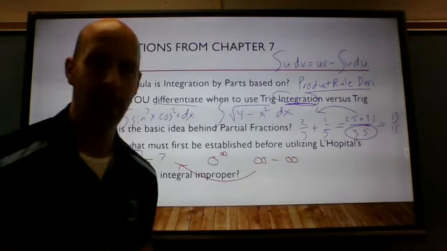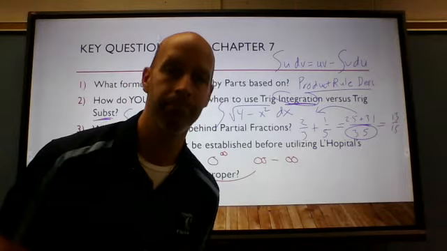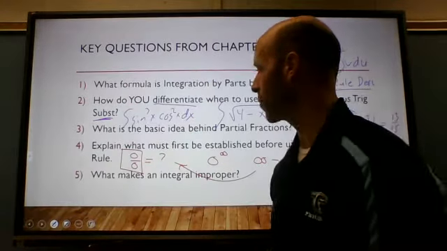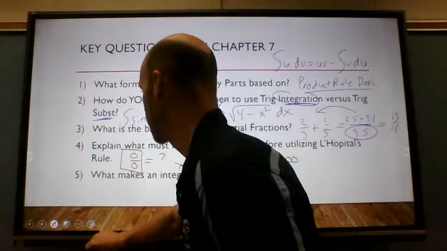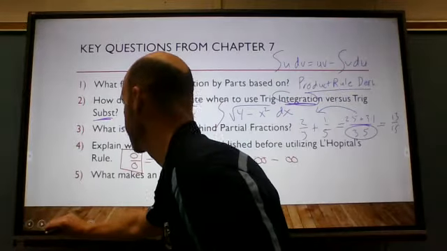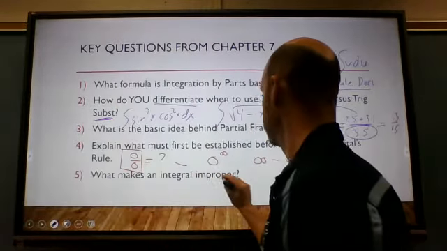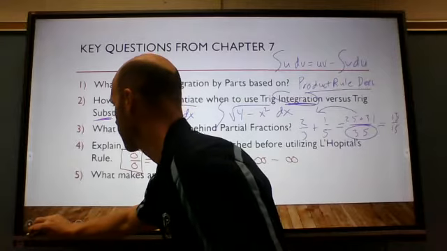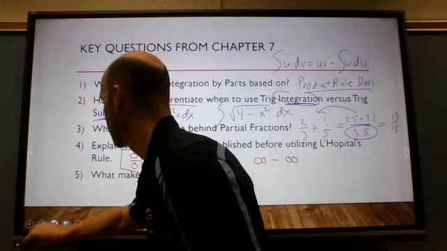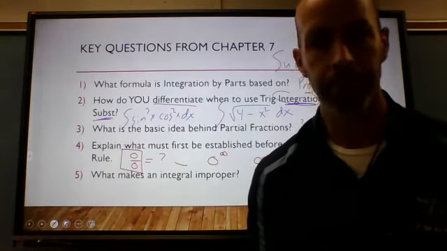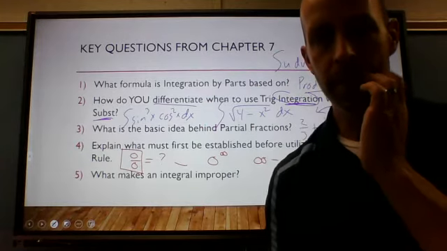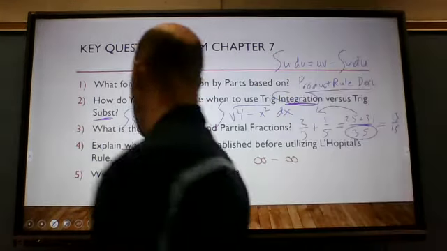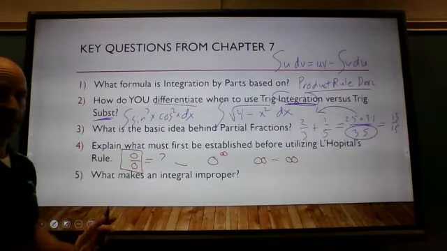What makes an integral improper? Last question on this. What makes an integral improper? Basically, if you have to take a limit in order to solve it. Yeah. The biggest idea is this.